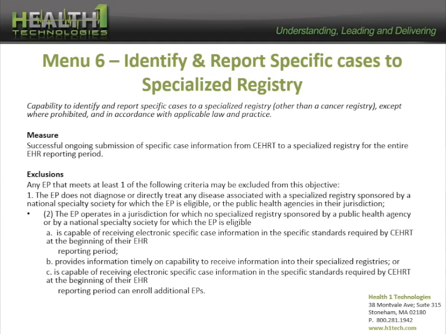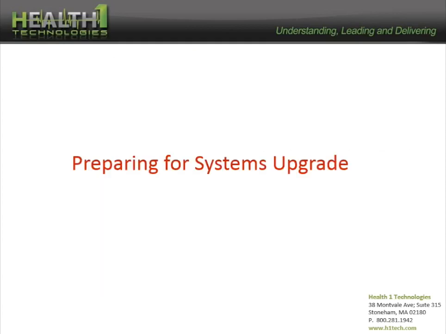The exclusion is pretty much the same as we saw above in menu 5: that the EP does not diagnose or treat any disease associated with a specialized registry, the EP operates in a jurisdiction where there are no specialized registries sponsored by a PHA, and the capability of receiving electronic information is not available at the beginning of the reporting period, or that the PHA provides information in a timely manner to the specialized registry, or the last piece is if there is a capability of receiving electronic cases by the CCHIT certified software at the beginning of the reporting period.